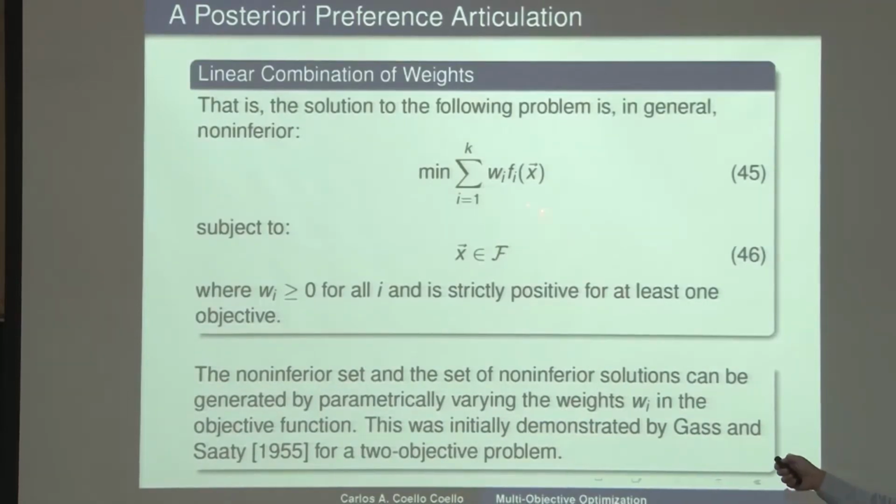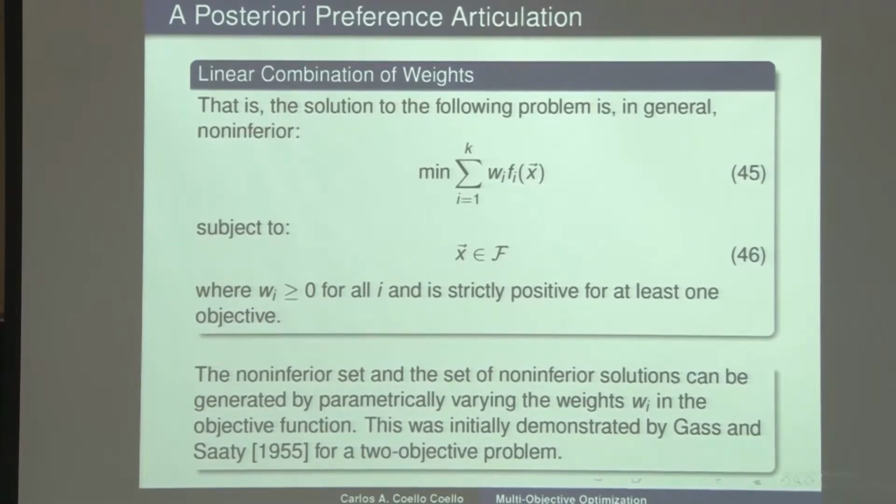So it looks like this. We have k objectives, so we simply add these objectives by multiplying each objective by a weight. These weights have to be greater or equal than 0. And there is an additional condition, they have to add to 1.